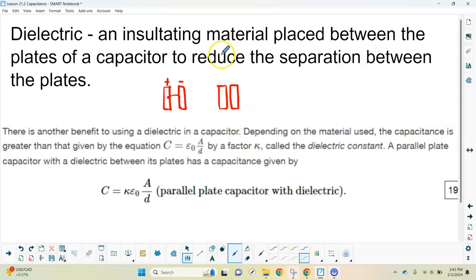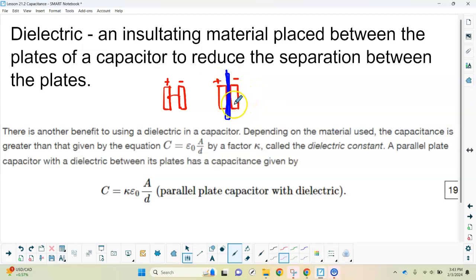And they put in this insulator. So they put in this material, a very thin material of insulation, which I drew in blue here, to prevent the charge from being able to transfer from one plate to the other. So the charge stays where it's supposed to stay. So that's one thing that they try to do to protect the capacitor.